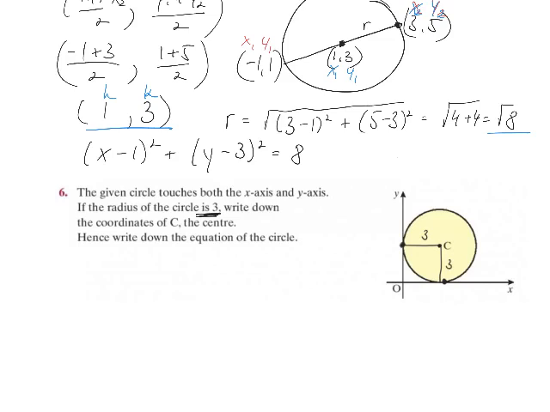So it's very easy to see that the center has to be, the x value is 3 because it's 3 in, and the y value is also 3 because it's 3 up. So we can easily build the equation of the circle here. So we go x minus 3 all squared plus y minus 3 all squared, and the radius we're told is 3, so we square that to 9.